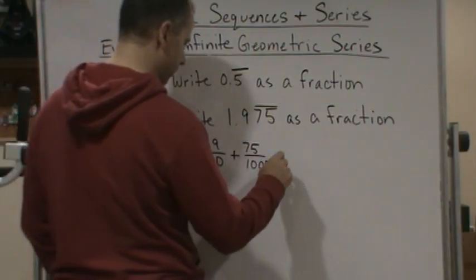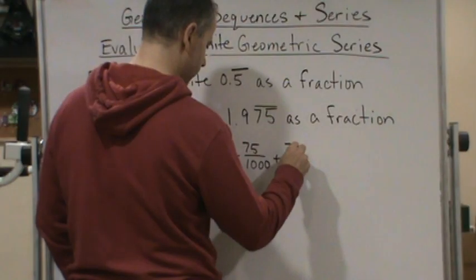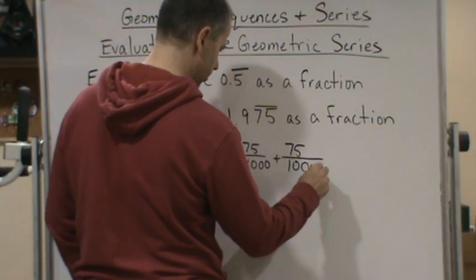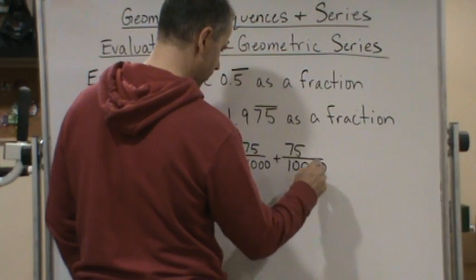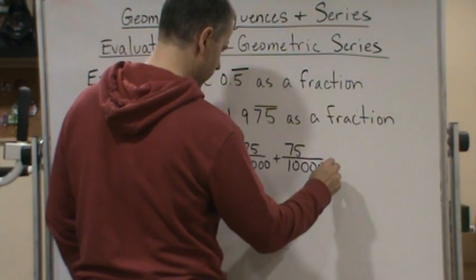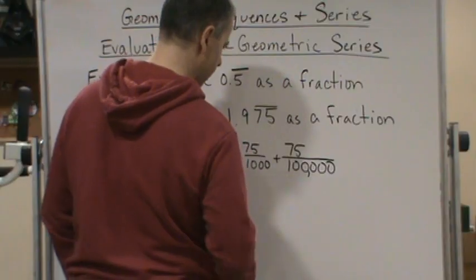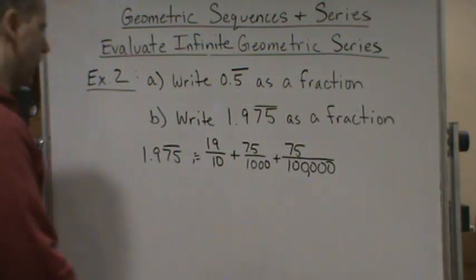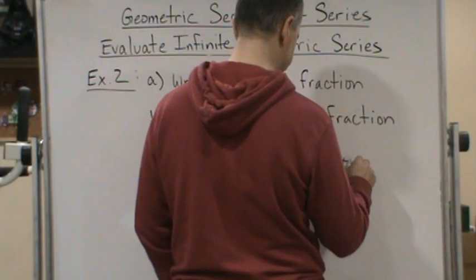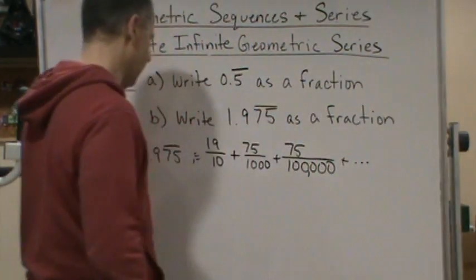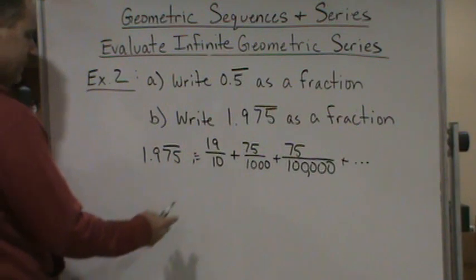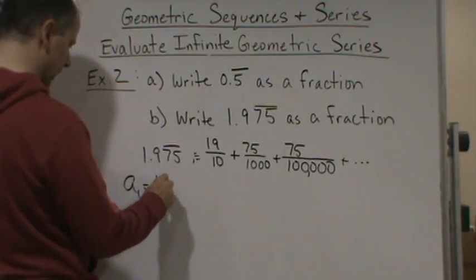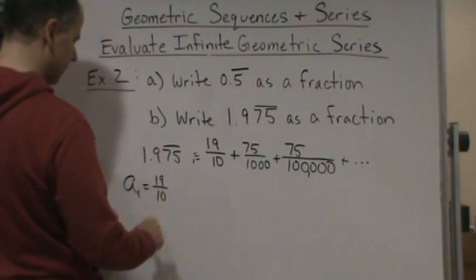So it'll be 75 hundred thousandths. And it keeps on going like that. Now, in this case here, our first term, A1, is going to be 19 tenths.